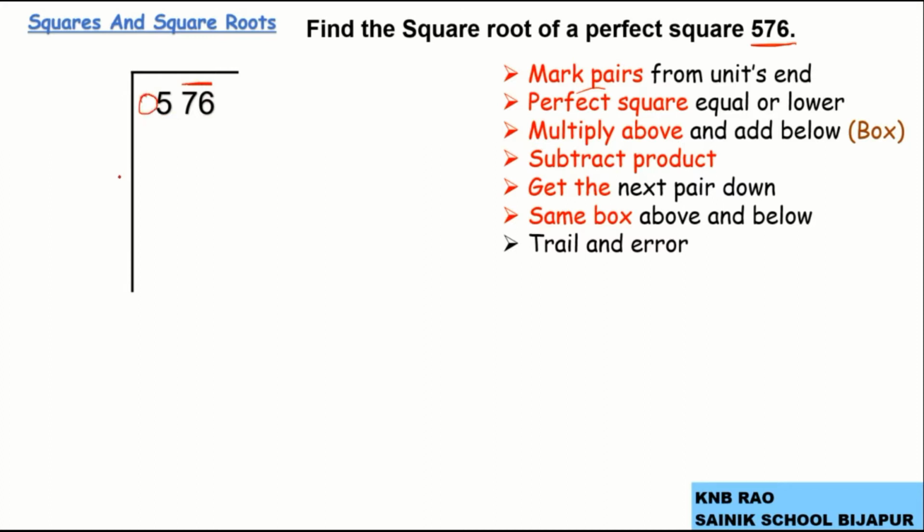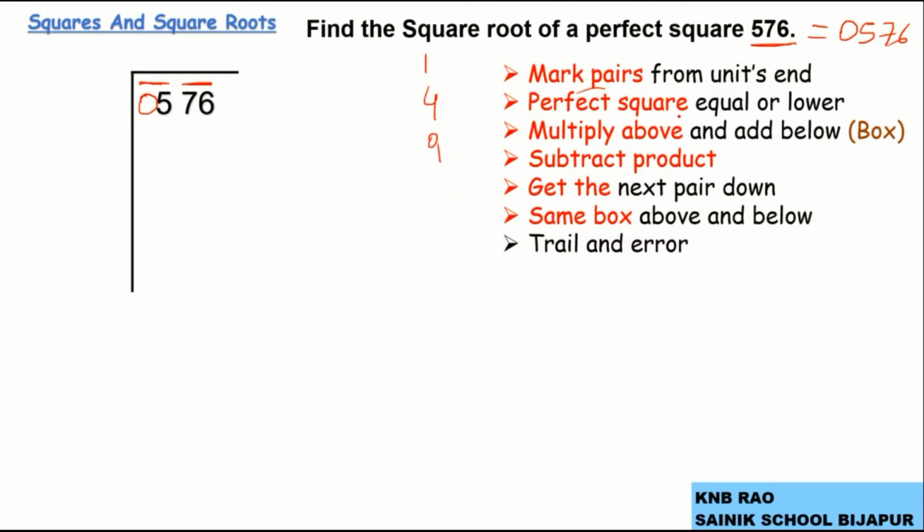If I put 0, will there be any change to the number 576? 576 can also be written as 0576. No change to the number. Now can I say 05 is the first pair or leftmost pair? Obviously.